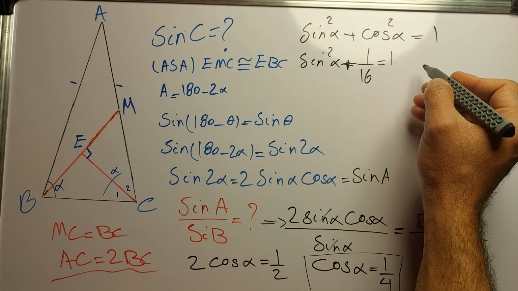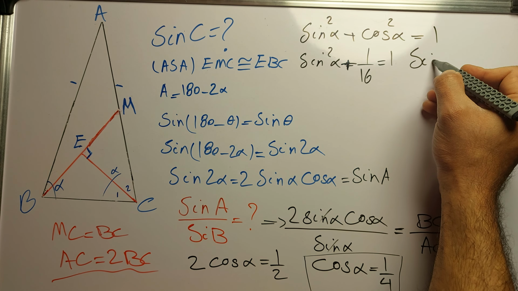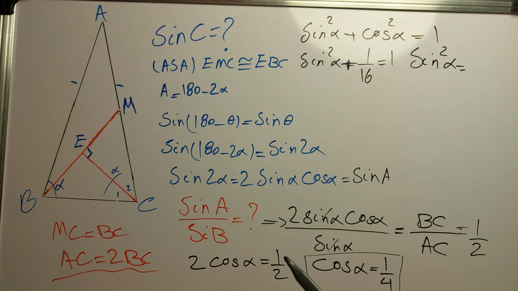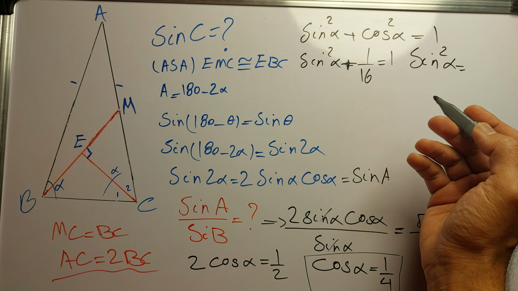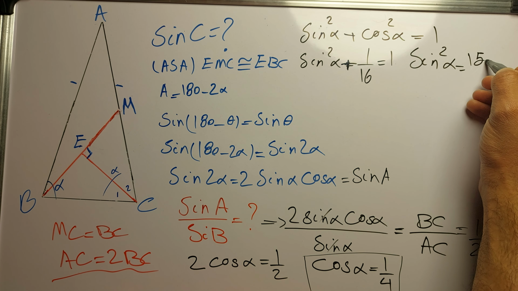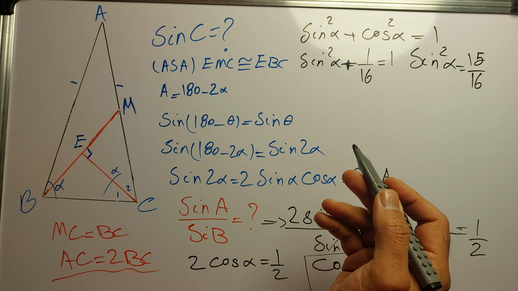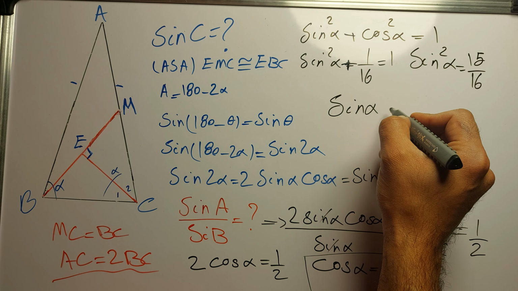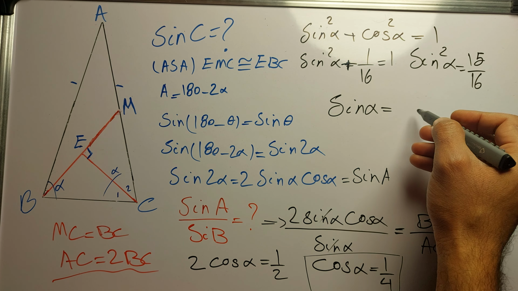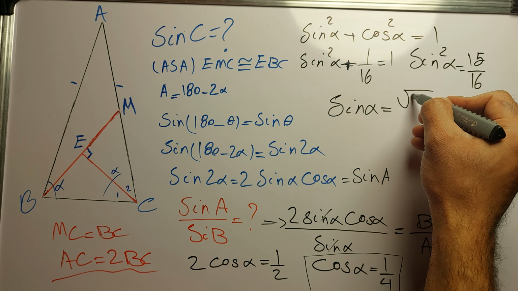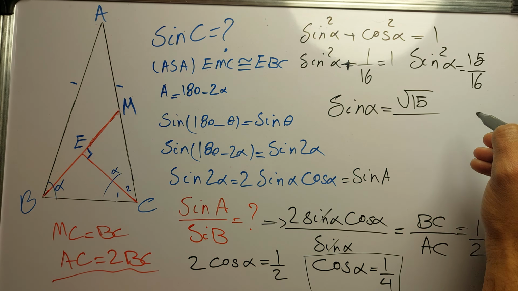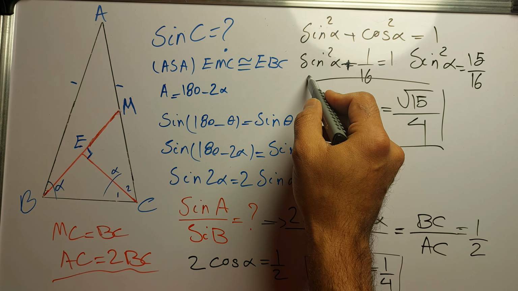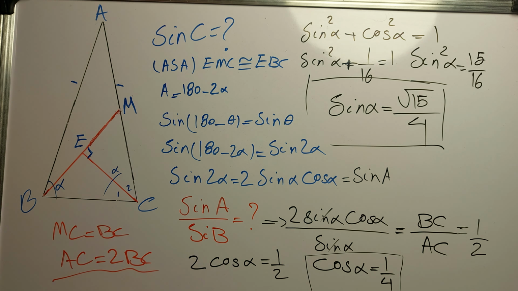So sine squared alpha equals 1 minus 1 over 16, which is 15 over 16. Now you have the answer. Sine alpha is the square root of this, so it equals square root of 15 over 4. And that's it, guys.